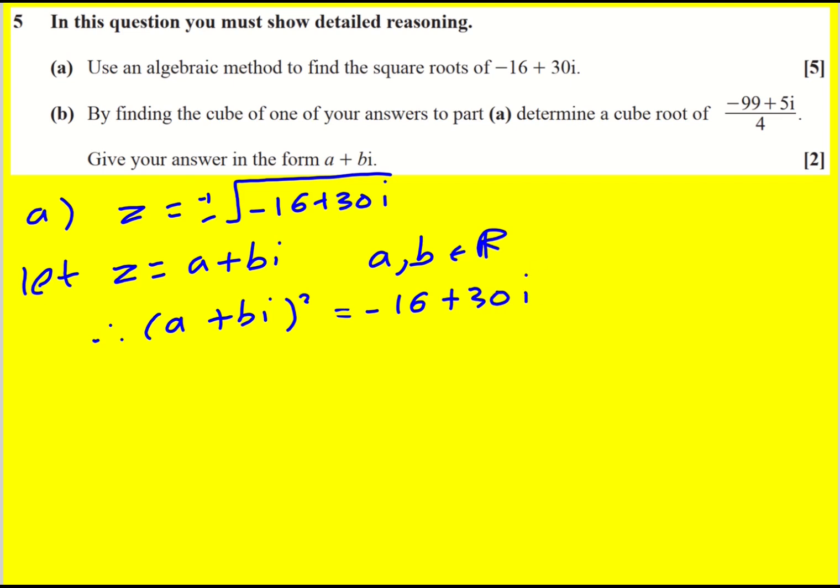And we've got ourselves an equation. I'm going to expand the bracket. I'm going to get a squared minus b squared, because it's b squared i squared, then plus 2abi. That's equal to minus 16 plus 30i. And now I can equate the real parts and equate the imaginary parts.